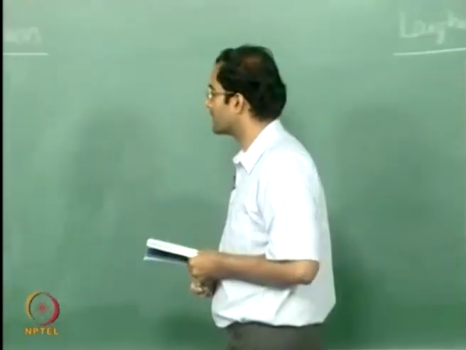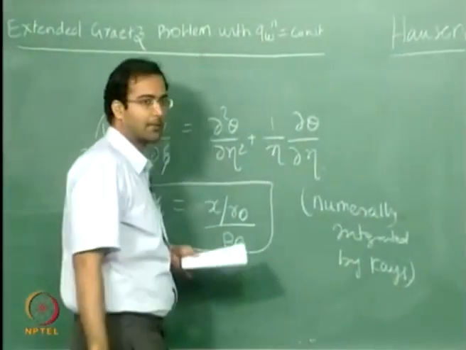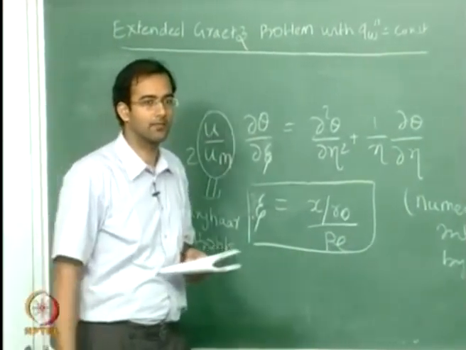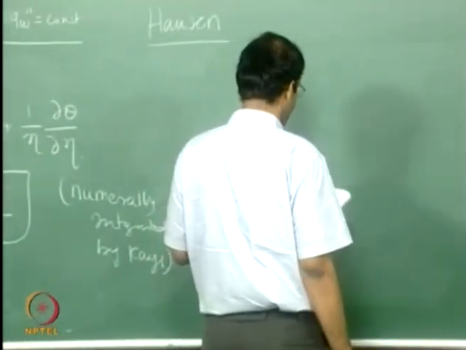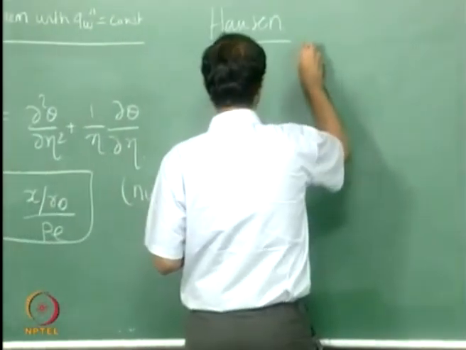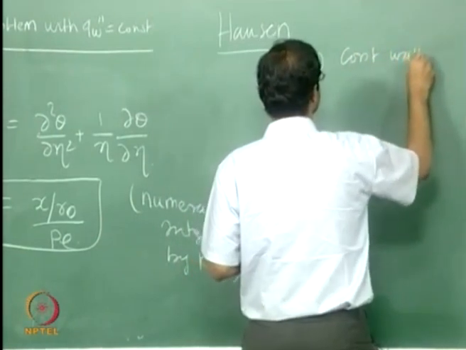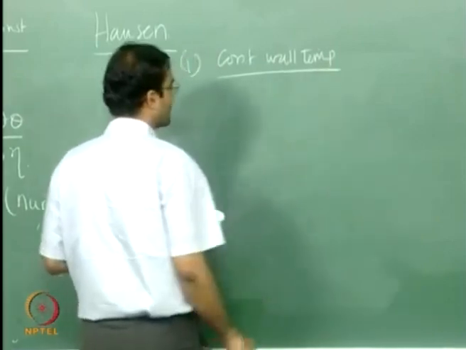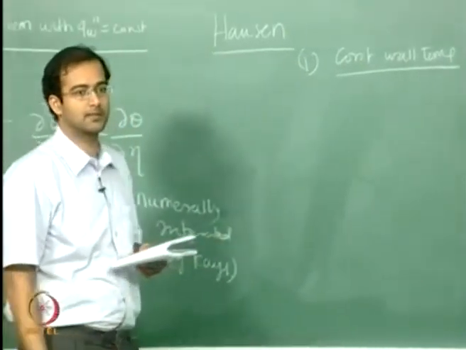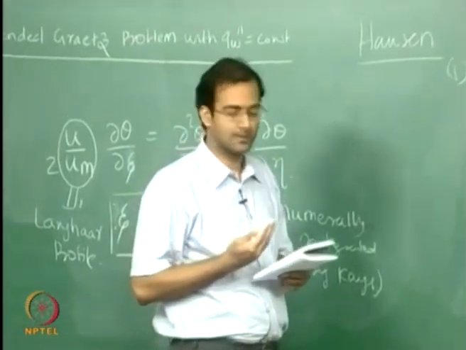Okay, so Hausen came and he took the profiles which were obtained by Case, and then he finally cast them into a simpler form for different boundary conditions. Okay, so the first case was the constant wall temperature. So all these were from using the Langer velocity profiles. Okay, so still they are not the most accurate, but reasonable.